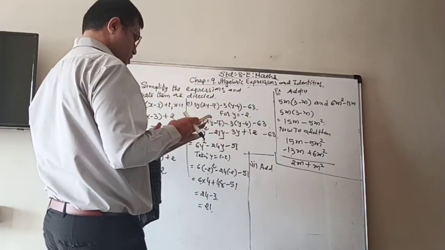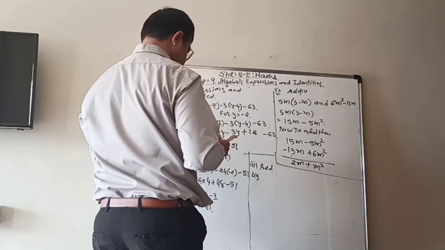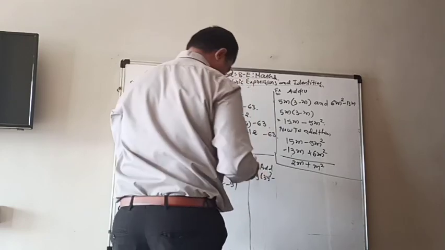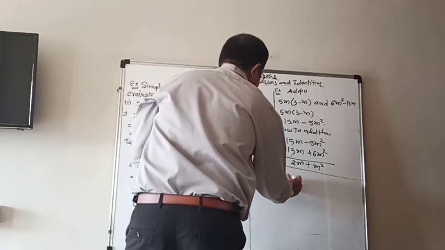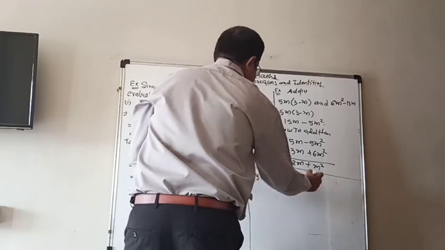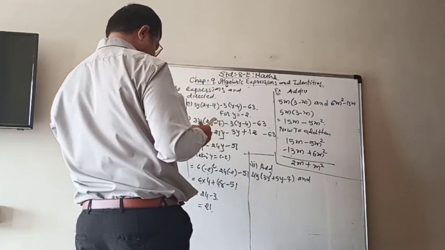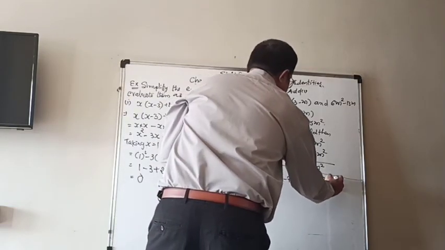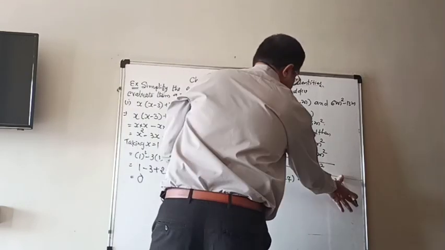Let's see. 4y(3y square + 5y - 7) and the other one is 2(y cube - 4y square + 5).